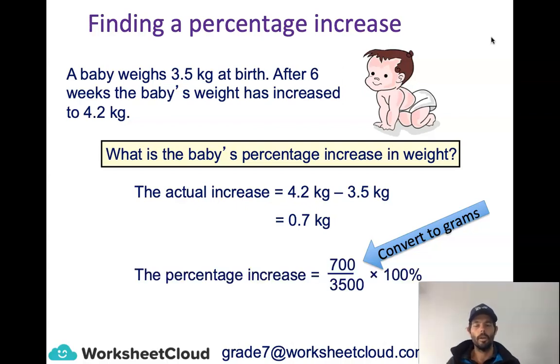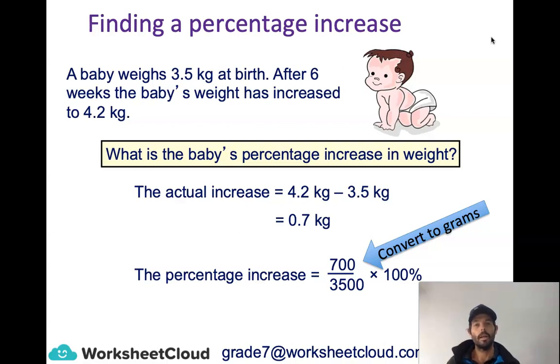So the formula, if you remember, was the actual increase over the original amount. Okay, so what I've done now is I've converted the 0.7 kilograms to grams, and I've converted the original weight of the baby, 3.5 kilograms, to 3,500 grams. Now the reason I've done that is to take out the decimal.